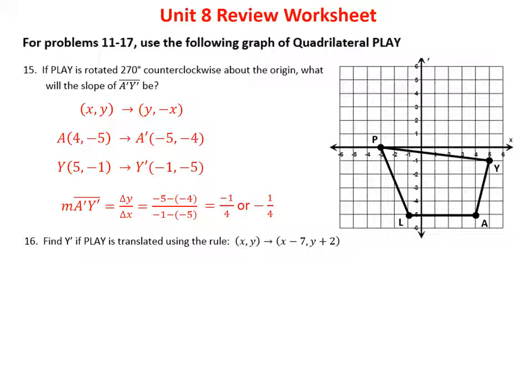Find Y prime if it's translated using this rule. In this case, here's our rule, so I just simply plug in Y. Y is (5, -1), so 5 minus 7, and y plus 2 is going to end up with (-2, 1).